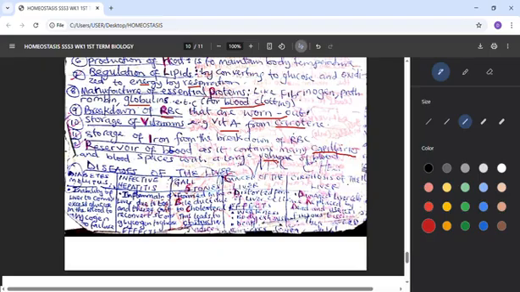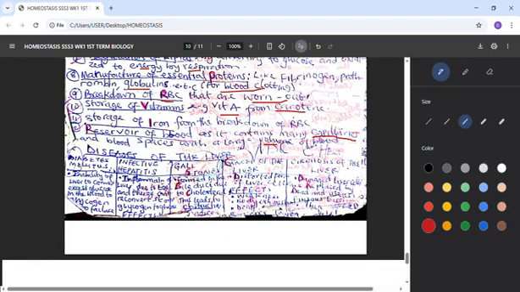And take note that blood is normally formed inside the bone marrow for adults, but for children or babies, the embryo, the baby inside the womb, it is at the liver. So these are the functions of the liver.